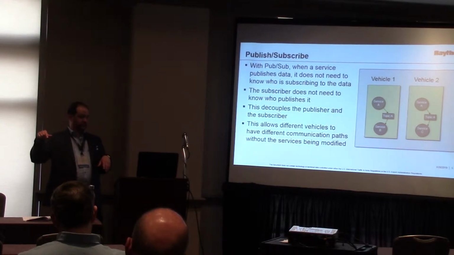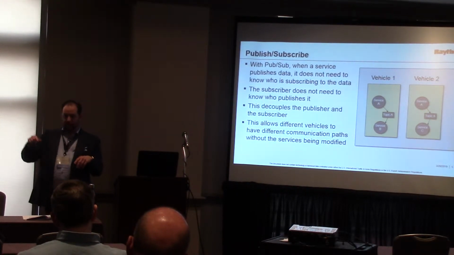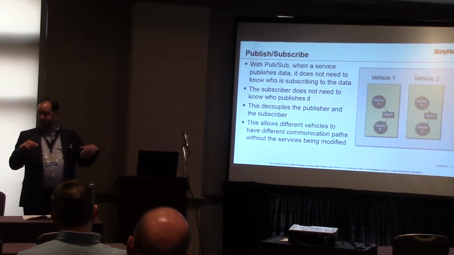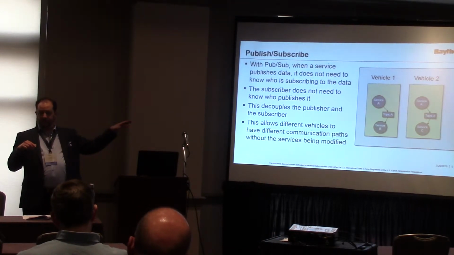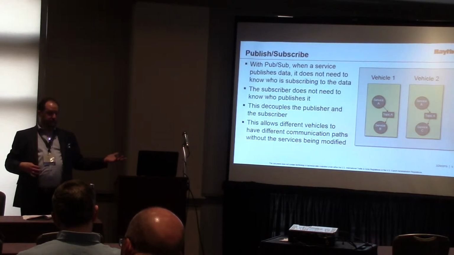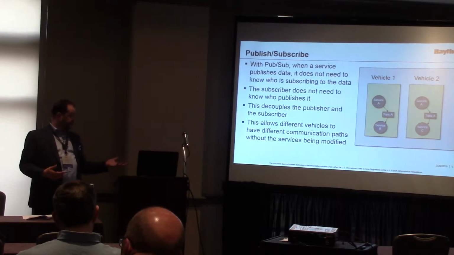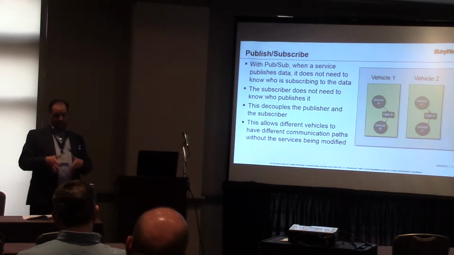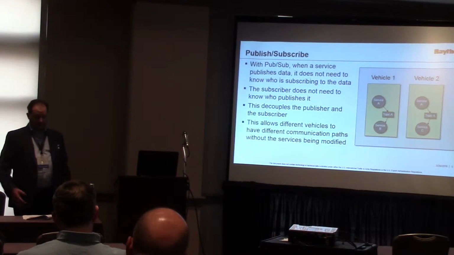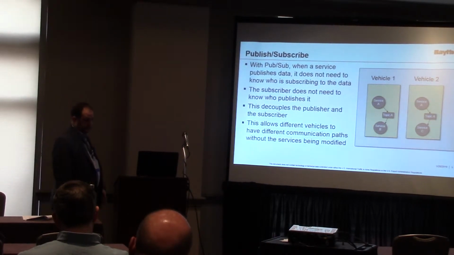I can publish something on JMS and send it through the bridge, and the end result is that a DDS topic picks it up and some service gets data, and it doesn't care whether that's data coming from a JMS service or coming from a DDS service, or how that data is being passed around the system. I can take a DDS service and make it a JMS service, and everybody still finds each other and has the ability to talk to each other.